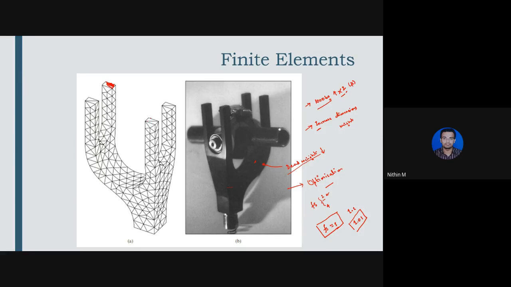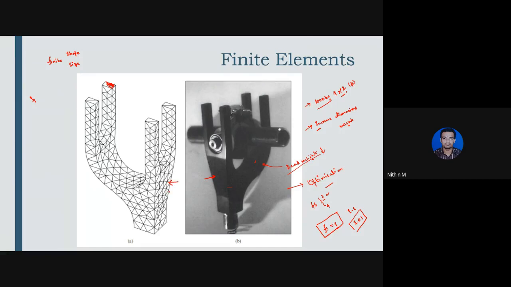Now each element has a finite shape as well as a finite size. So a given single body is divided into multiple elements.